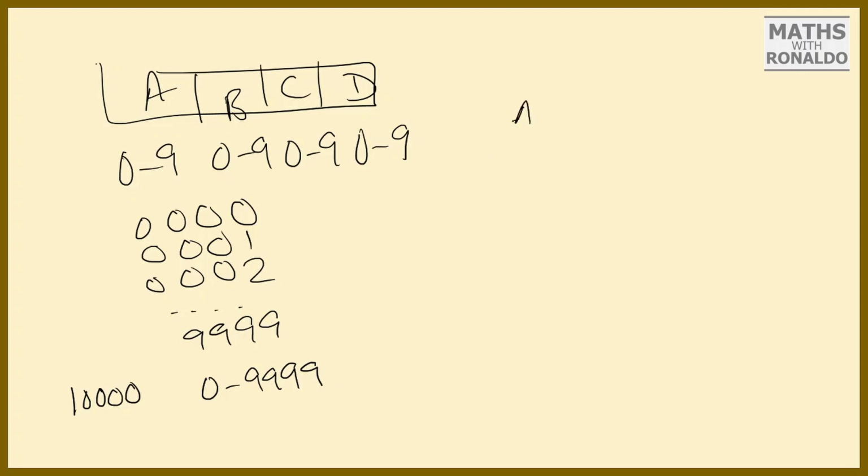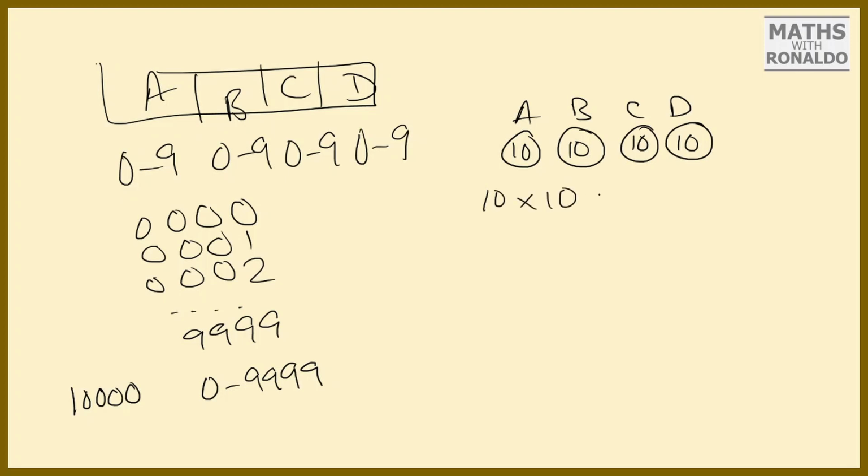Product rule for counting, where we have A, B, C, and D. Each of them have 10 different possibilities, because there are 10 digits in our base 10 number system. And by the product rule for counting, we can say 10 times 10 times 10 times 10 gives us 10,000 different combinations.